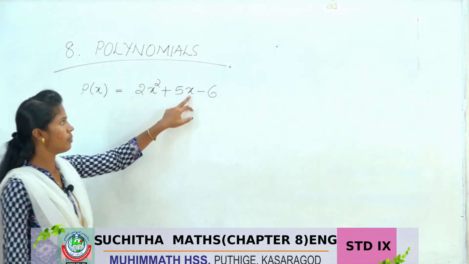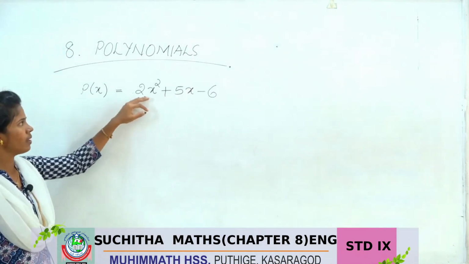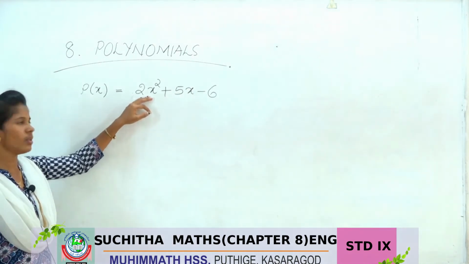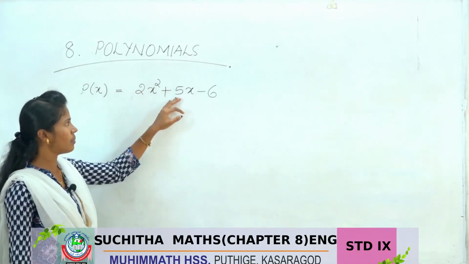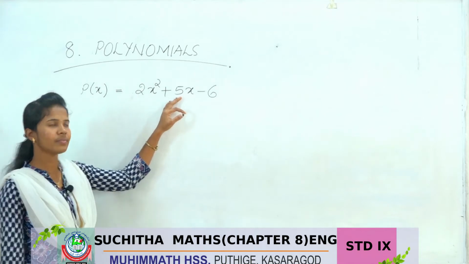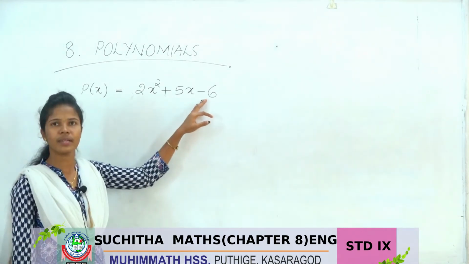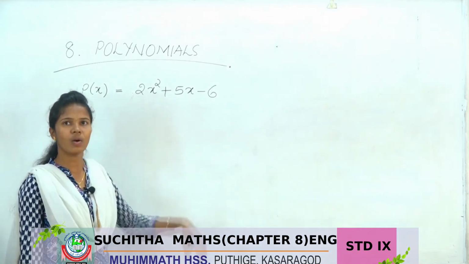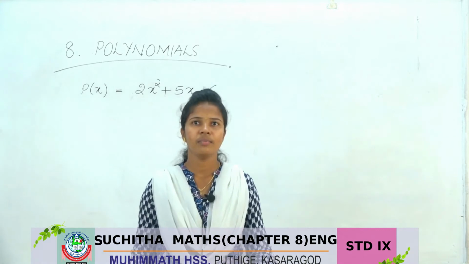Here the power of x is 1. And these powers are multiplied by various numbers. Here x square is multiplied by 2, here x is multiplied by 5, and those numbers are added and subtracted. Such mathematical operations or algebraic expressions are called polynomials.